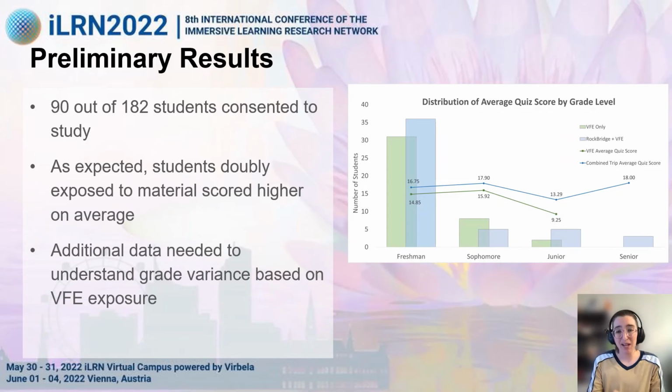As one might expect, students who are doubly exposed to the content scored higher on average than students who were only exposed to the content once. However, the difference in scores was small, with the doubly exposed group receiving a 16 out of 20 and the single exposure receiving an average of 14 out of 20. Understanding the grade variance based on the VFE exposure will require additional data, which will be collected in the following semesters.